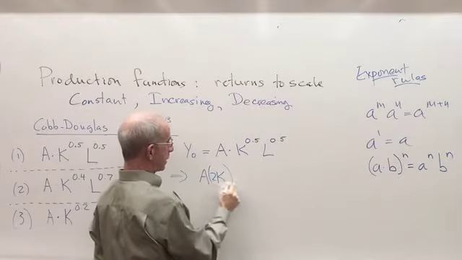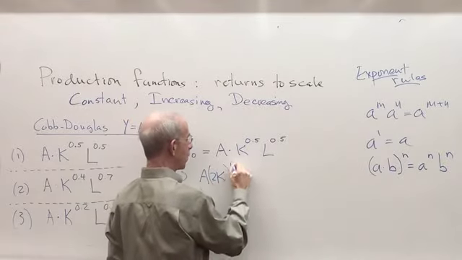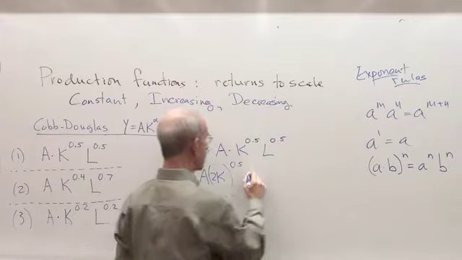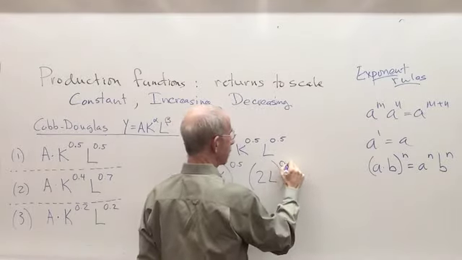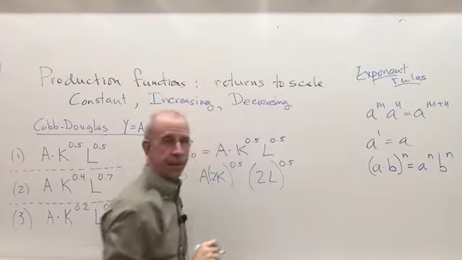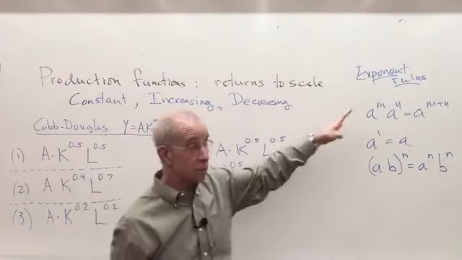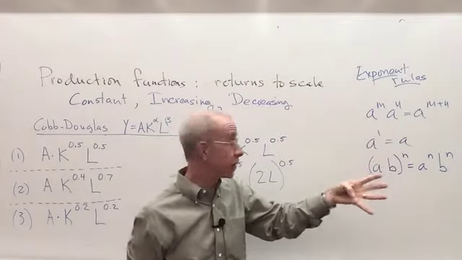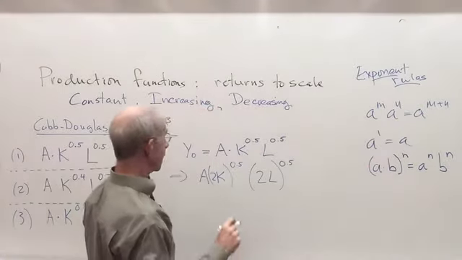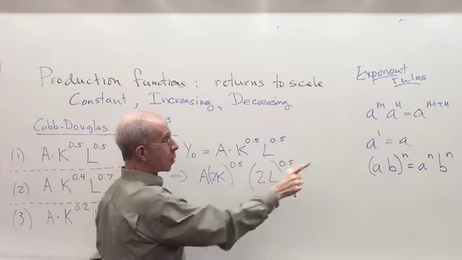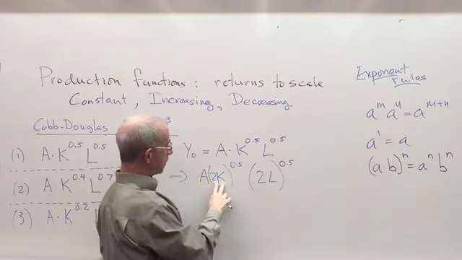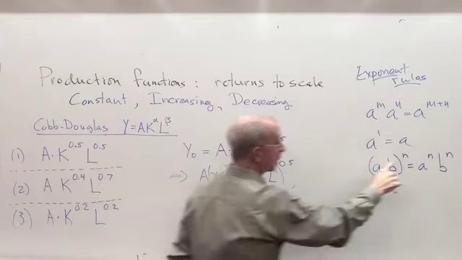Okay, so we'll double the inputs. So we're going to have twice as much capital raised to the 0.5 power, multiplied times twice the labor raised to the 0.5 power. And now we're going to start using these exponent rules, because that's really critical to this formulation. So what's going on over here? Well, we have two things multiplied by each other raised to a common power.